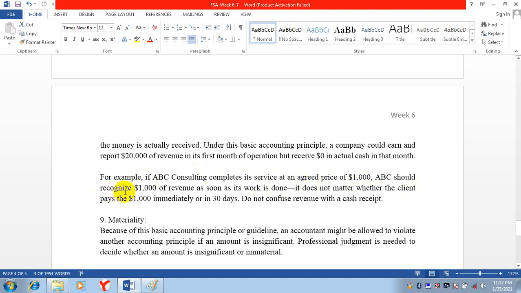ABC should recognize $1,000 of revenue as soon as the work is done. When the work is done, this money, $1,000, will become the revenue of ABC Consulting. It does not matter whether the client pays the $1,000 immediately or in 30 days. Do not confuse revenue with cash receipt.